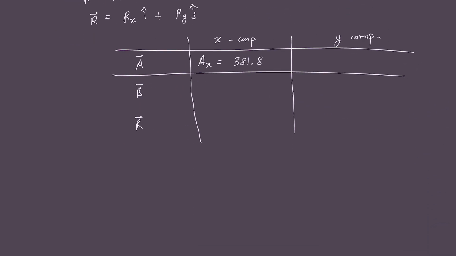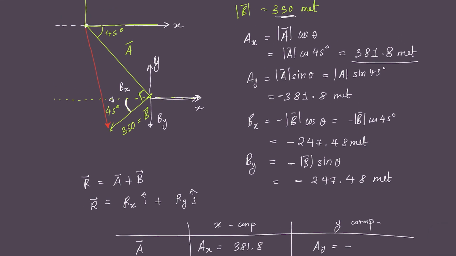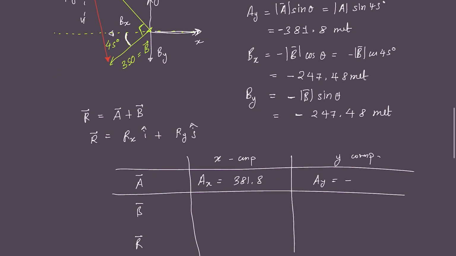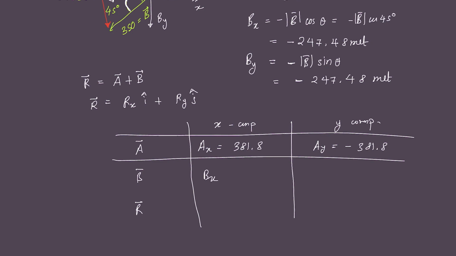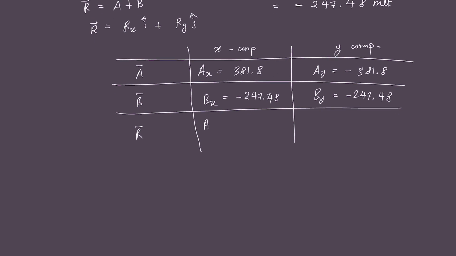Vector a's y component is minus, there must be minus here, because you see its x component, this is vector a, its x component is like this, but its y component is in the minus y direction, so it's minus 381.8. bx is equal to minus 247.48, and by is also equal to minus 247.48.